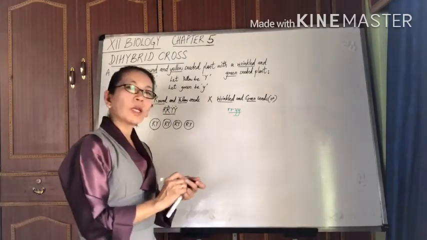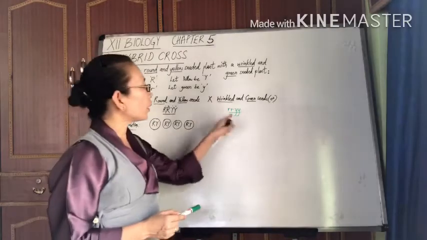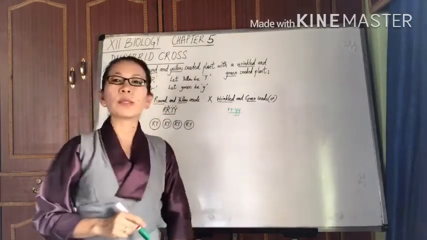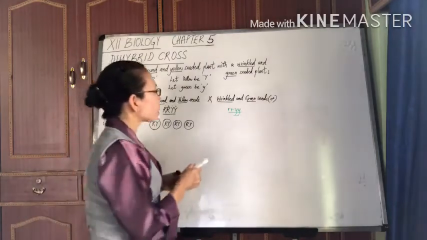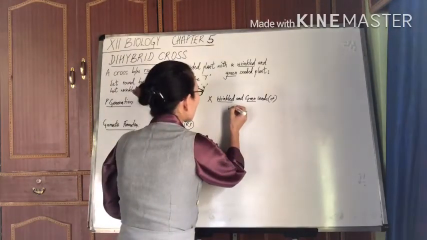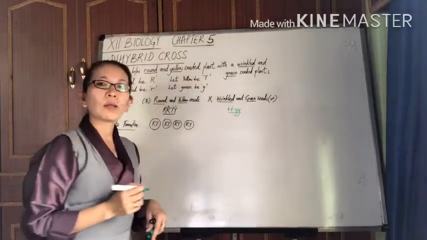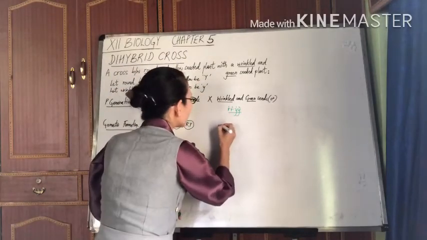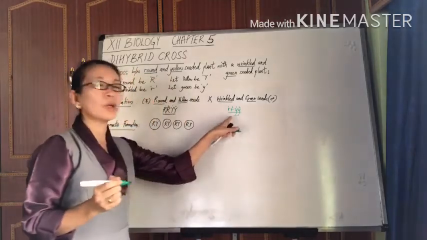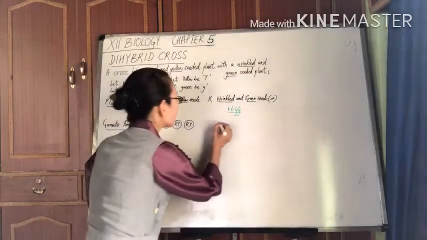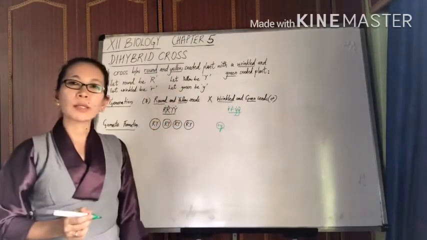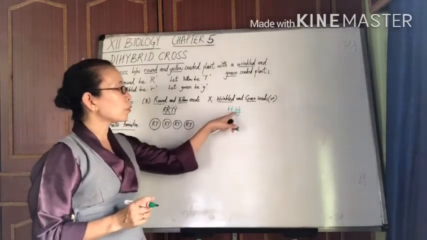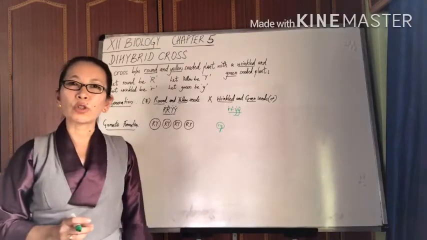Likewise, we can look at the gametes produced from the male parent, which has wrinkled and green seeds. Such a parent has 2 small r's and 2 small y's. So we can have the first r going with the first y, forming a gamete, so each gamete receives one of the factors of each trait.